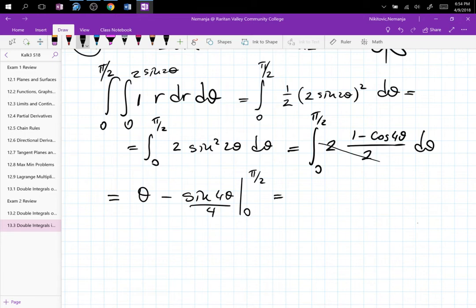Well, the functions are theta and sine, so we don't have to worry about 0. So we have a pi over 2 minus, and we plug in pi over 2, so that's sine of 2 pi, everything over 4, but that's 0, so the whole thing is pi over 2.